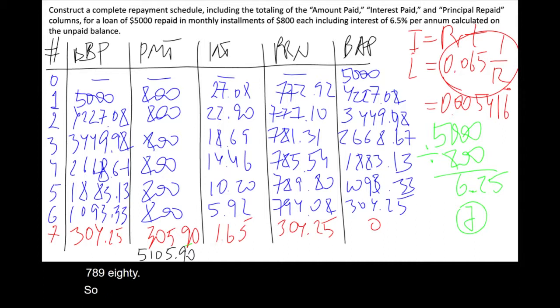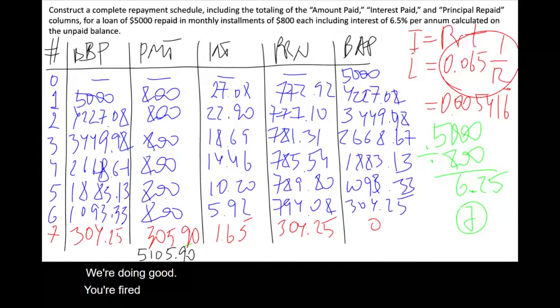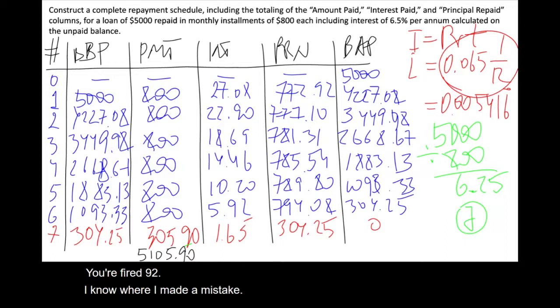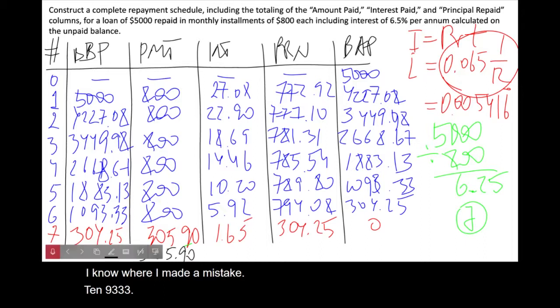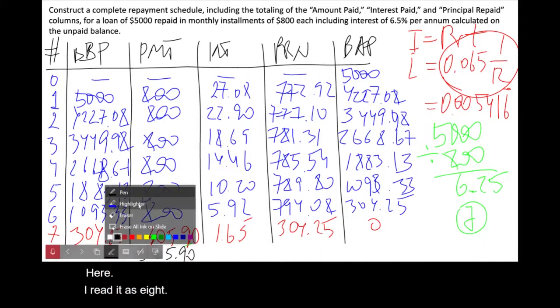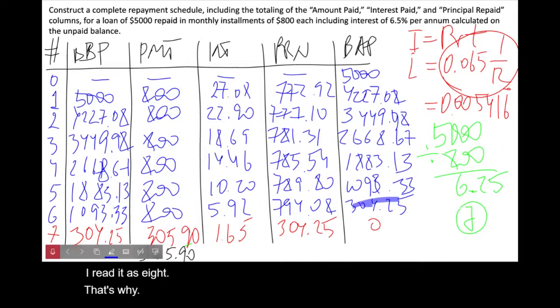So far, we're doing good. 5.92. Oh, I know where I made a mistake. 1093.33. Here, I read it as 8. That's why. Oops.